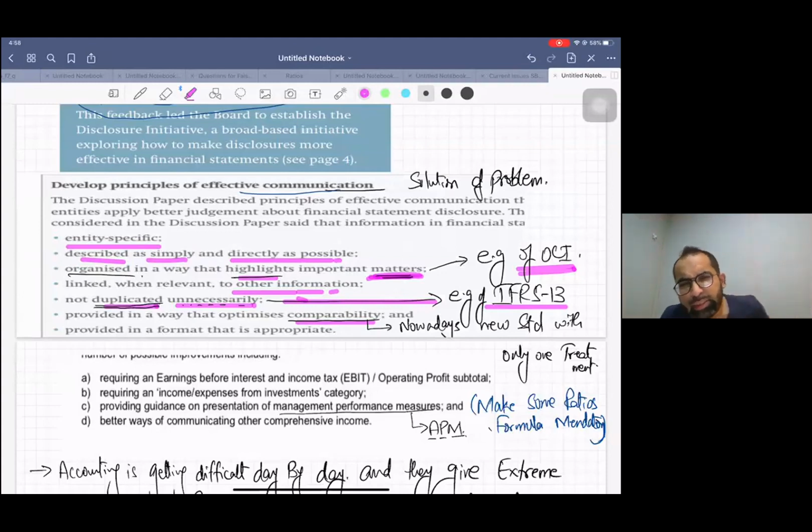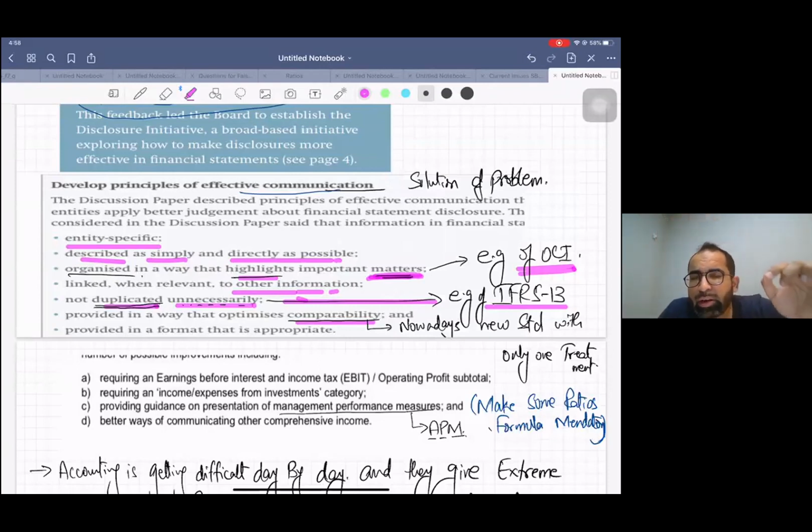Now you will say, sir, we have already seen the EBIT or PBIT number in the income statement. But if you have studied F7, in the latest F7 questions, the examiner directly calculates PBT. Or if they calculate PBIT, sometimes they include investment income in PBIT.